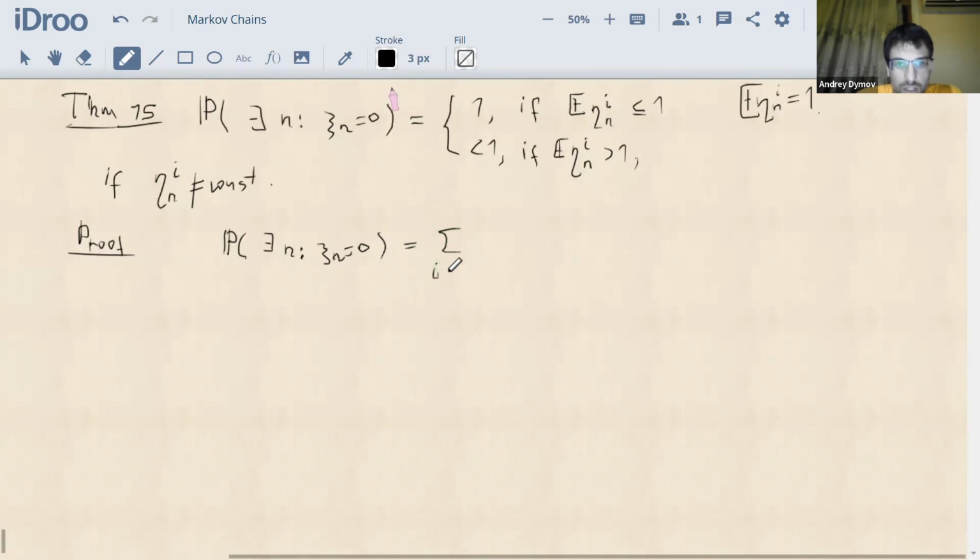I take the summation over all natural numbers I, and I write the following formula.